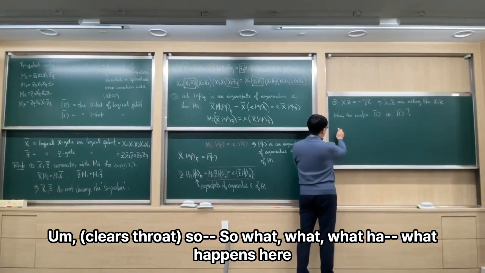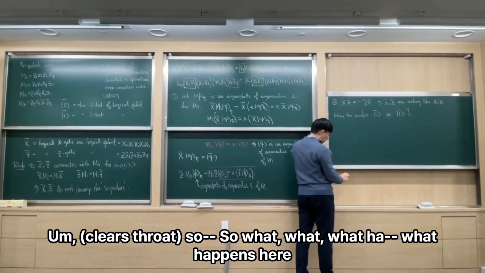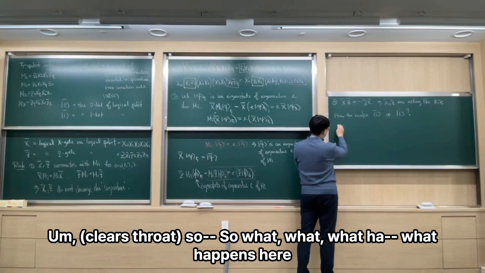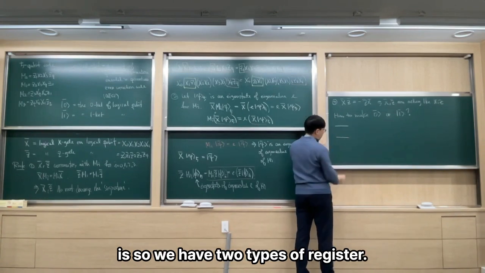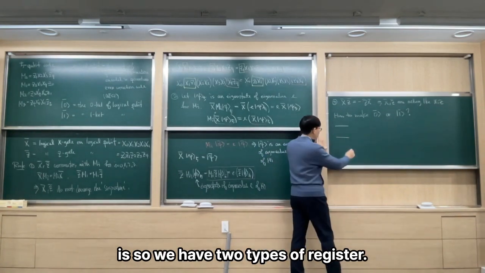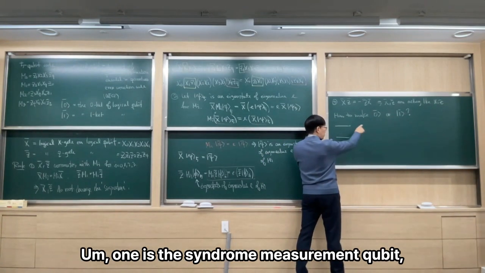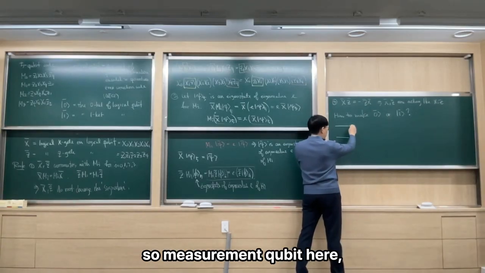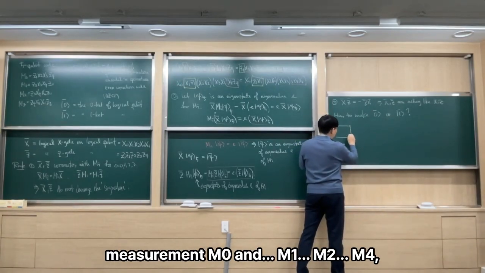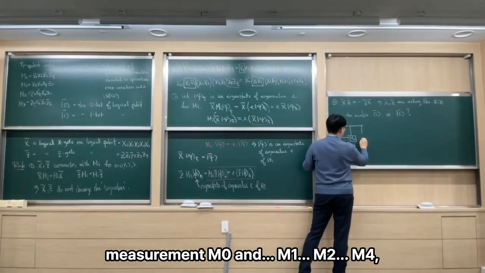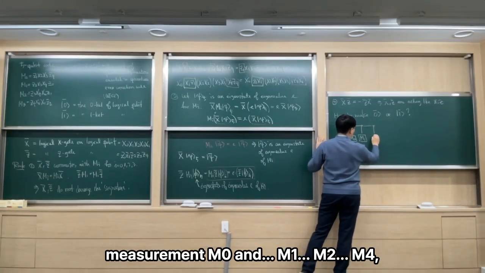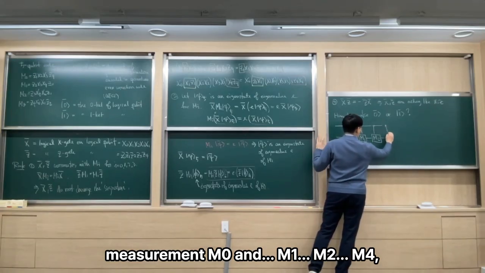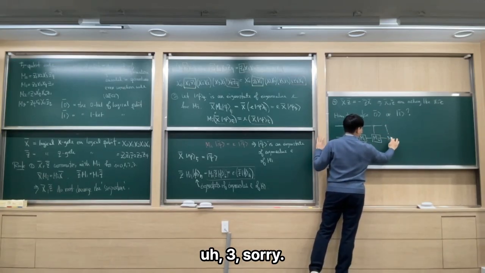What happens here is we have 2 types of register. One is the syndrome measurement qubit, so measurement qubits M0, M1, M2, M3.